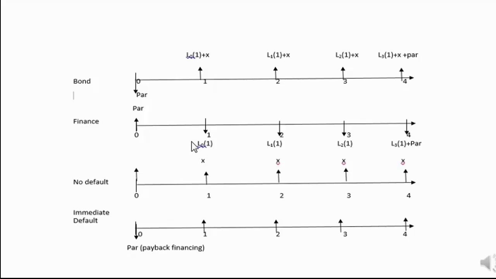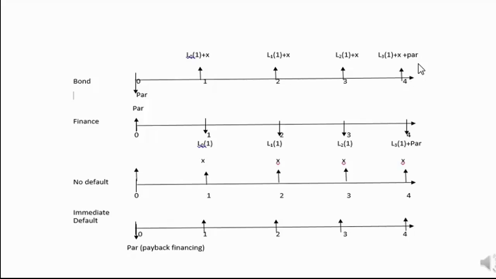But now, let's say we have a better credit rating than the bond that we're buying. Maybe we're buying a junk bond and we're a near investment grade borrower, or a dealer that has a cost of money that's LIBOR. So the financing costs LIBOR each period. For the 4 periods, you pay LIBOR, the floating rate, and then you pay back the par value on the financing when the bond matures.